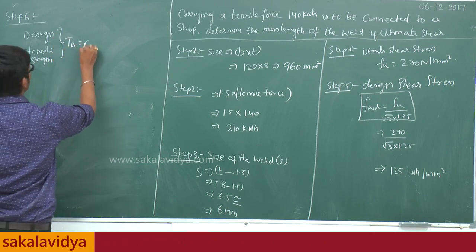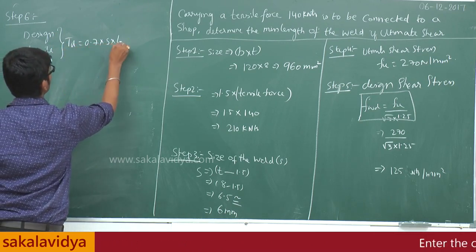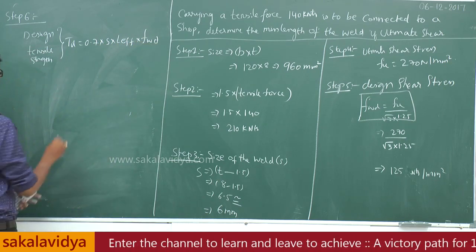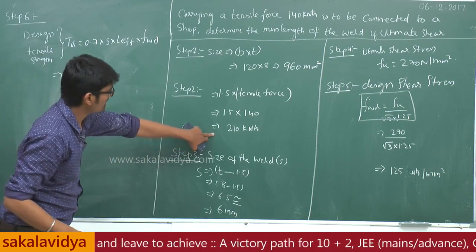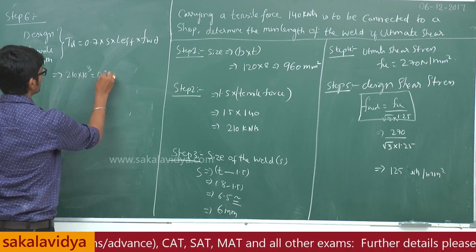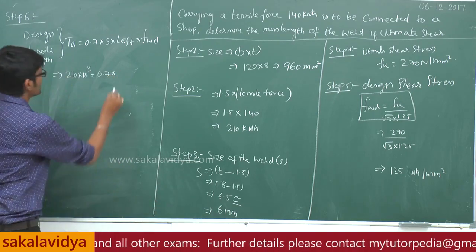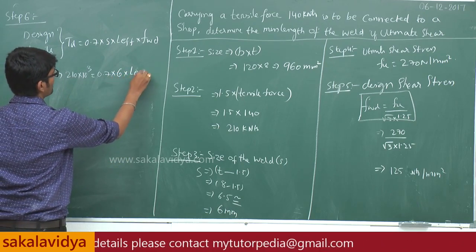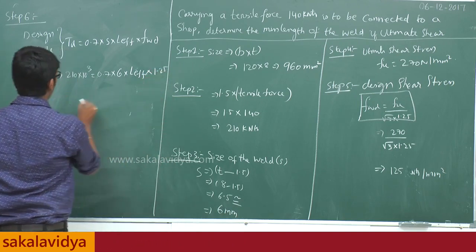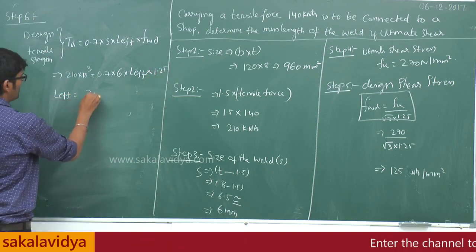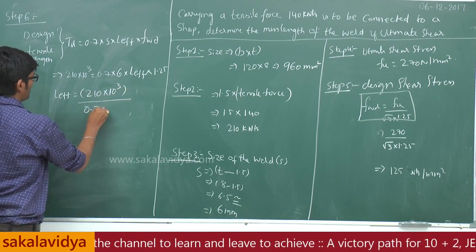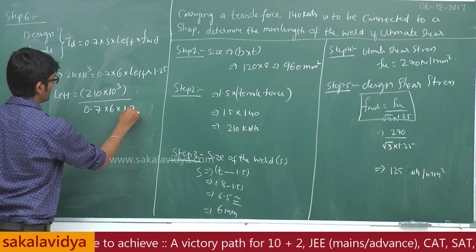TD is equal to 0.7 into size of the weld into L effective into design shear stress. TD is 210 kilonewtons, so 210 into 10 power 3 is equal to 0.7. The size of the weld is 6. In this question we need to find the L effective length. The design shear stress is 125. So L effective is equal to 210 into 10 power 3 divided by 0.7 into 6 into 125.